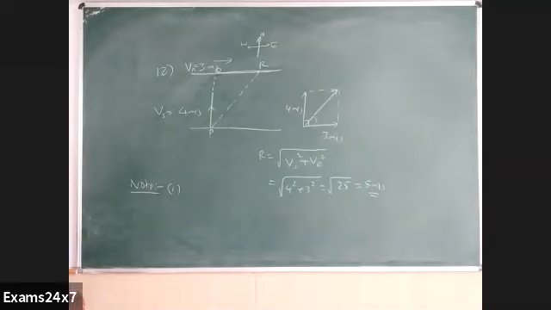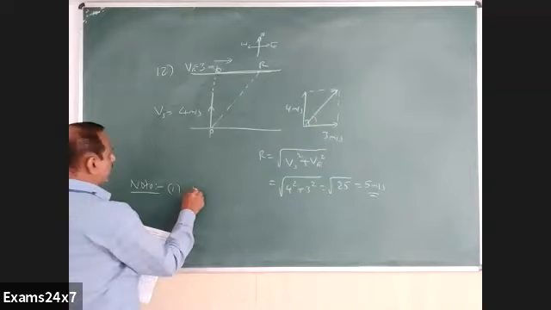So point number one here is the present path, with the resultant velocity 5 meter per second.